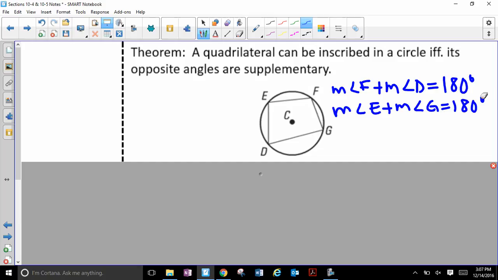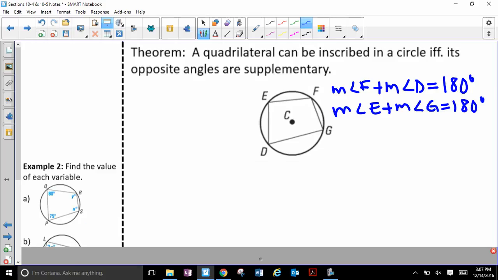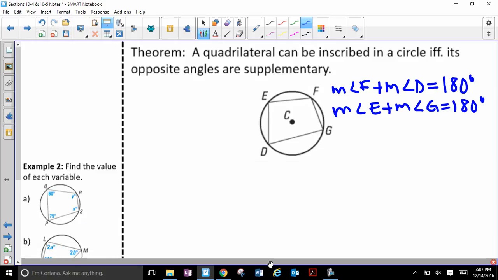Which makes sense because all four angles together add up to 360, which is what the interior angles of a quadrilateral add up to. So if you have a quadrilateral that's inscribed in a circle, then it's always true that the opposite angles are supplementary to each other. So then go ahead and glue in example 2 so we can look at that, because that's going to help us with this.